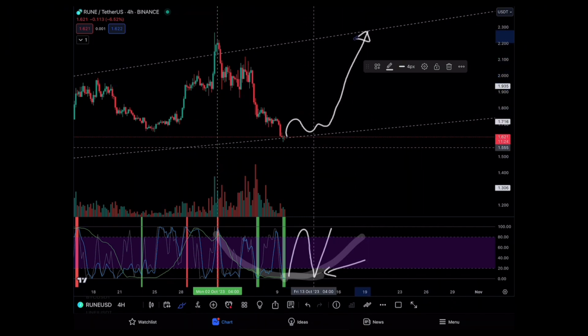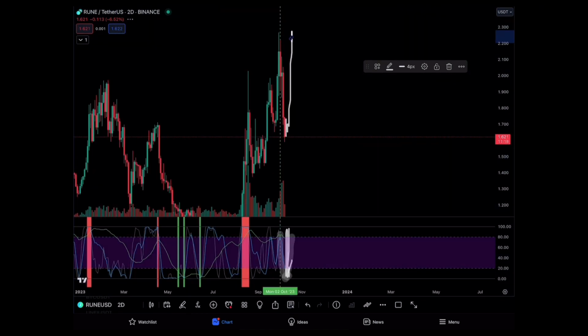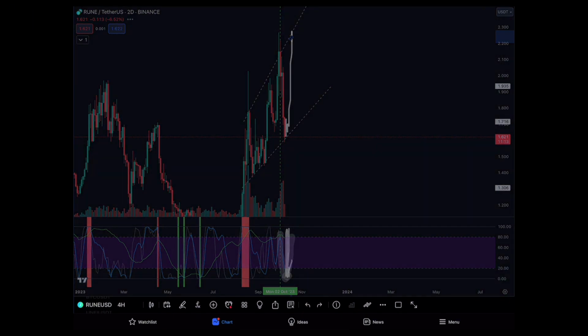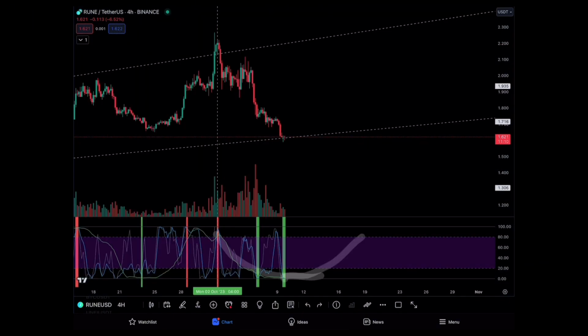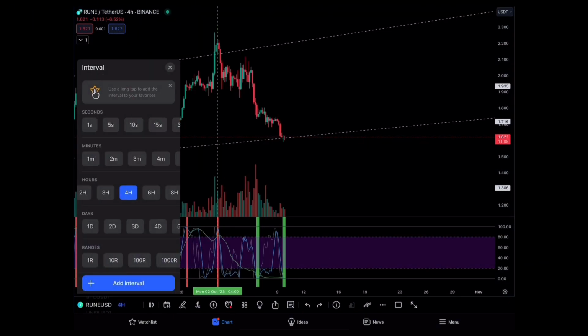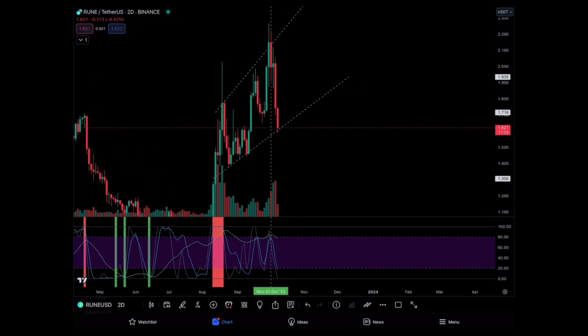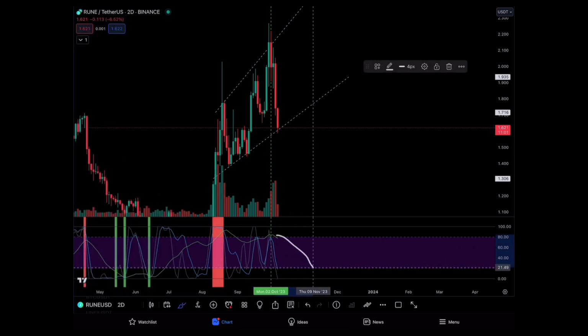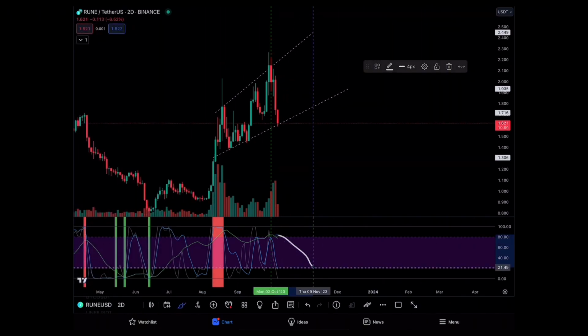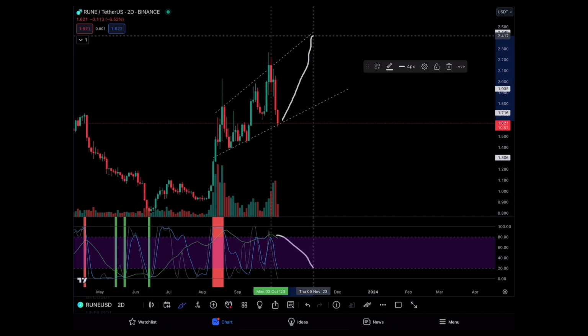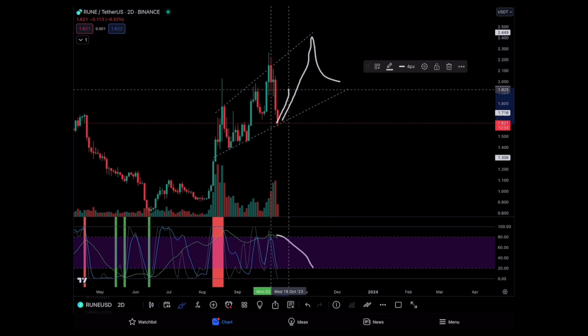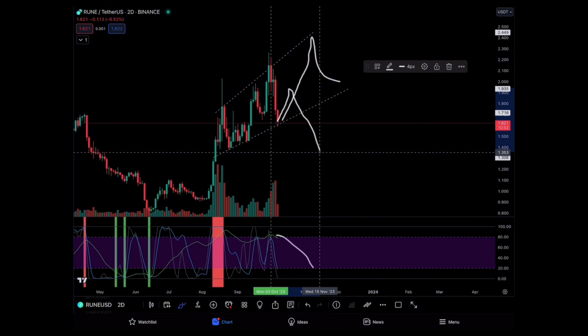And here is where I'm gonna be more comfortable longing it, especially because when you look at the 2-day time frame, let's just erase these. When you look at the 2-day time frame, you would be seeing that maybe this is gonna be starting to curve down like that. So it's not easy to say if this is gonna go up all the way like that, or it's just gonna do a small fake up and then break down.